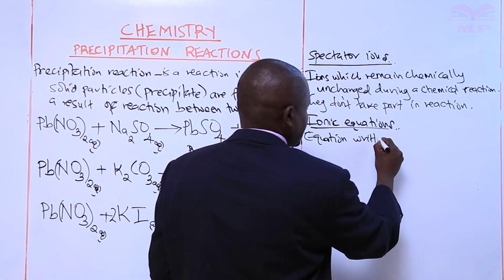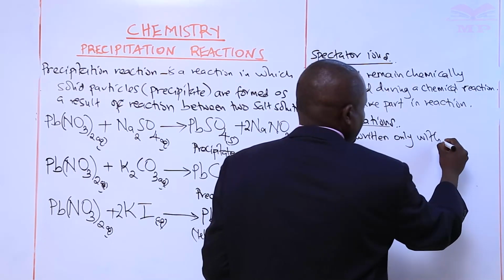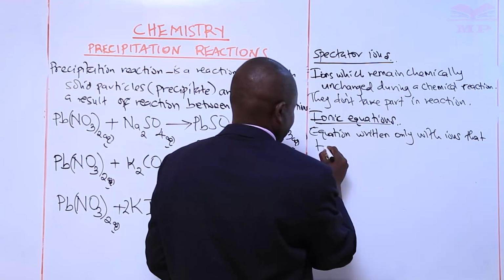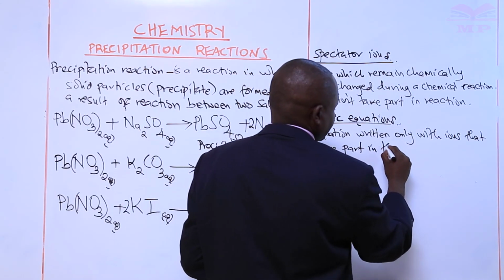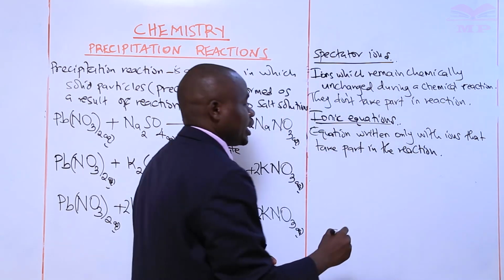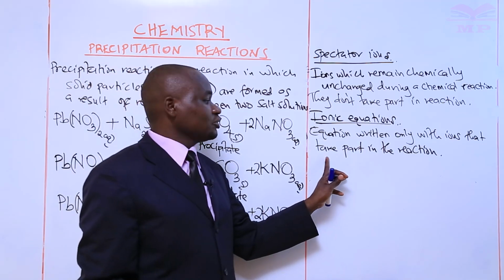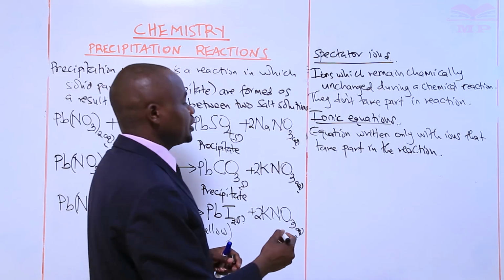So ionic equation simply is an equation written only with ions that take part in the reaction. Those which don't take part, we have said they are called spectator ions, and those ones are omitted when writing ionic equations.